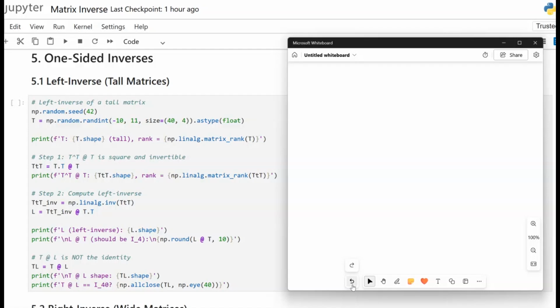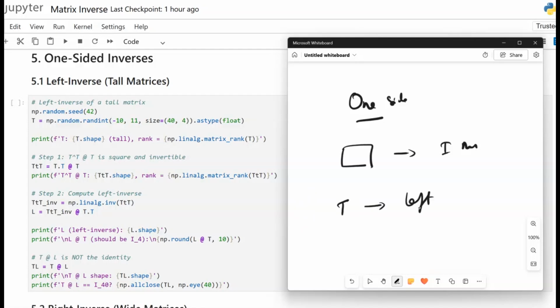We are going to discuss one-sided matrix inverses. Dear friends, a one-sided inverse can transform a rectangular matrix to an identity matrix, but it works only for one multiplication order. In particular, a tall matrix can have a left inverse and a wide matrix can have a right inverse.